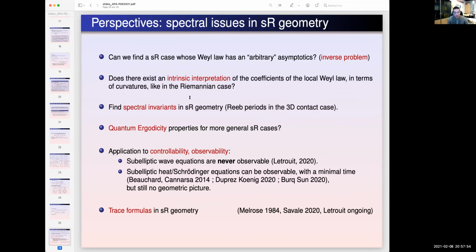Well, these studies are in some sense preliminary studies. Until now, I'm not aware of any study about, for instance, the cost of controllability in the subelliptic heat equations. No, it does not exist, as far as I know.